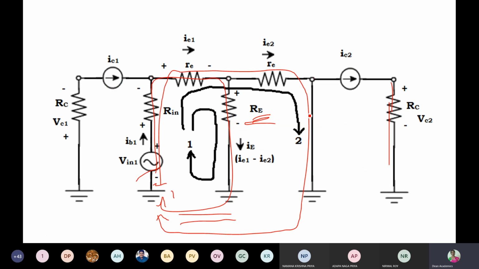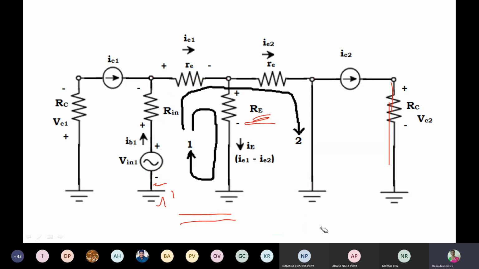Let us see the circuit once, right? In this circuit, let me erase all these. Okay, you just see this IE1, this is IE1, right? IE1 is flowing through this.